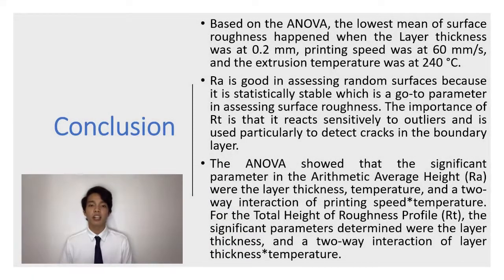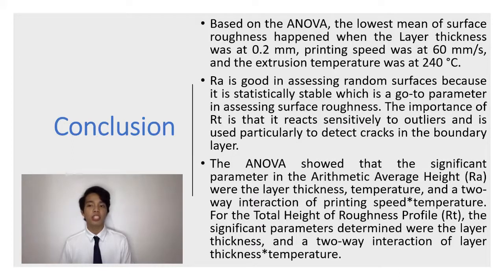Conclusion. Based on the ANOVA, the lowest mean of surface roughness happened when the layer thickness was at 0.2 mm, printing speed was at 60 mm per second, and the extrusion temperature was at 240 degrees Celsius. RA is the arithmetic mean height across the microscopic peaks and valleys.